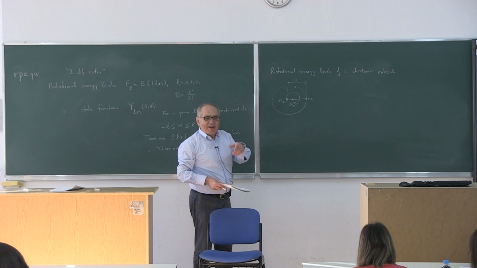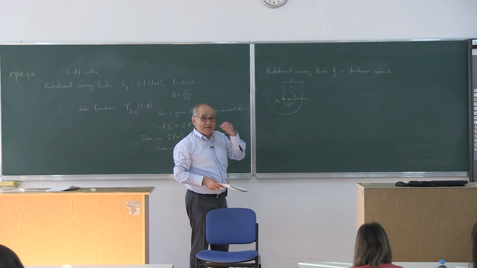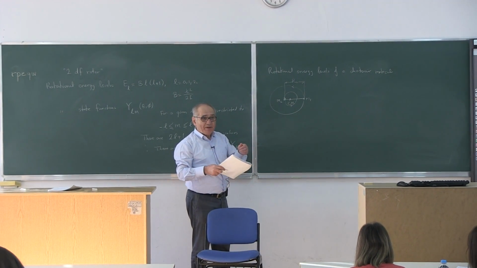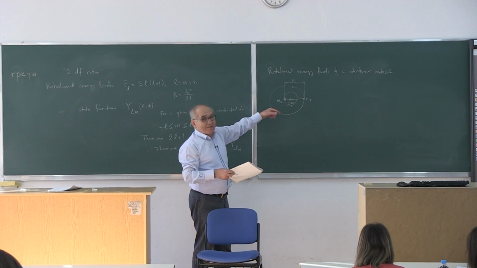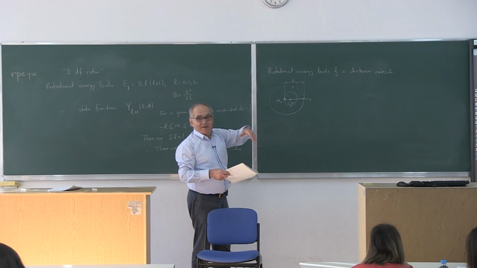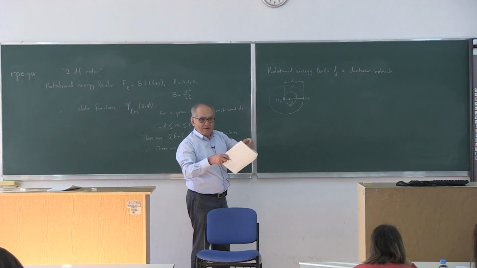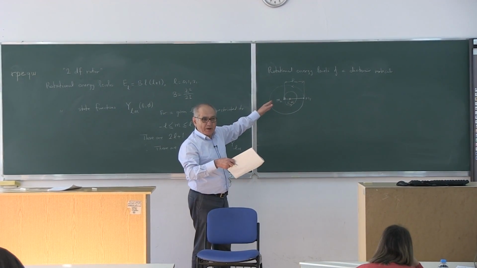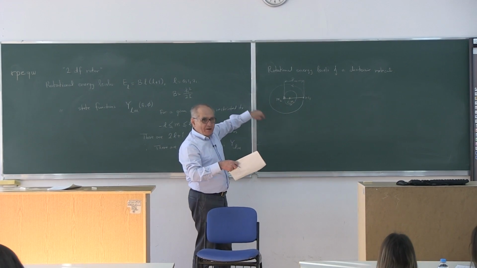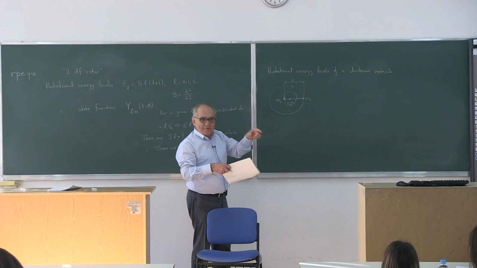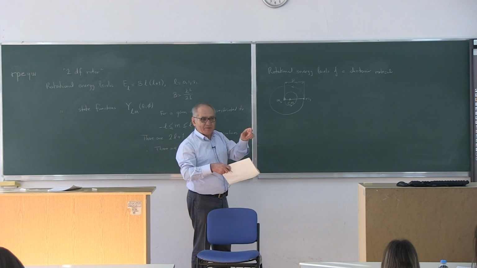Of course, in reality, in a real diatomic molecule, the bond length is not really constant, but it's also changing. But here, we are assuming that during the rotation, the bond length is fixed. So this is why we call it rigid rotation.